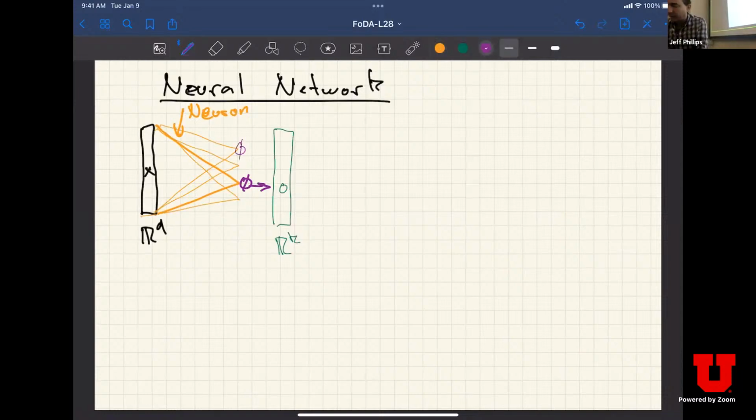And each of these will usually have the same activation function. Then I'm going to call this H. This could be H1, H2, H3, H4, right? So I would have an H vector, which is in R^k. So I have 4 outputs here, and now I can build more neurons.